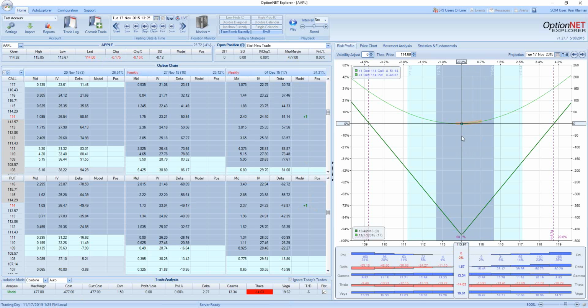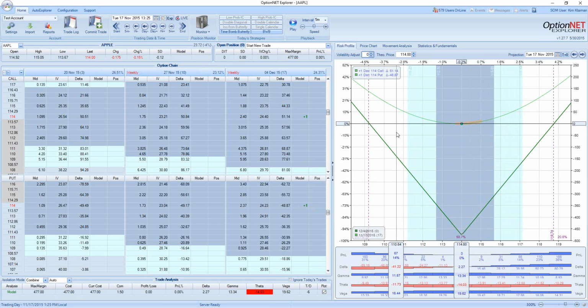So we can see that we really need the stock to move. For example, if the stock moves to 117, the trade will be up 15%. If it moves down to 111, 110, it will be up 14, 13% as well.